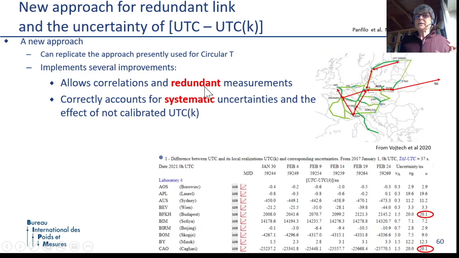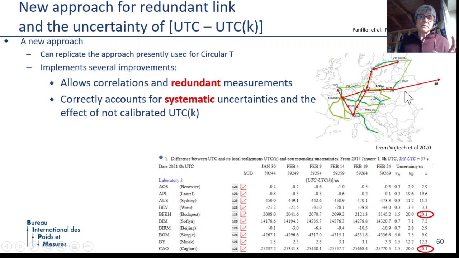We have redundant measurements, and these measurements at the moment are not fully used. So a new development was performed, giving rise to this new treatment, which also allows taking into account correctly laboratories which are not calibrated.